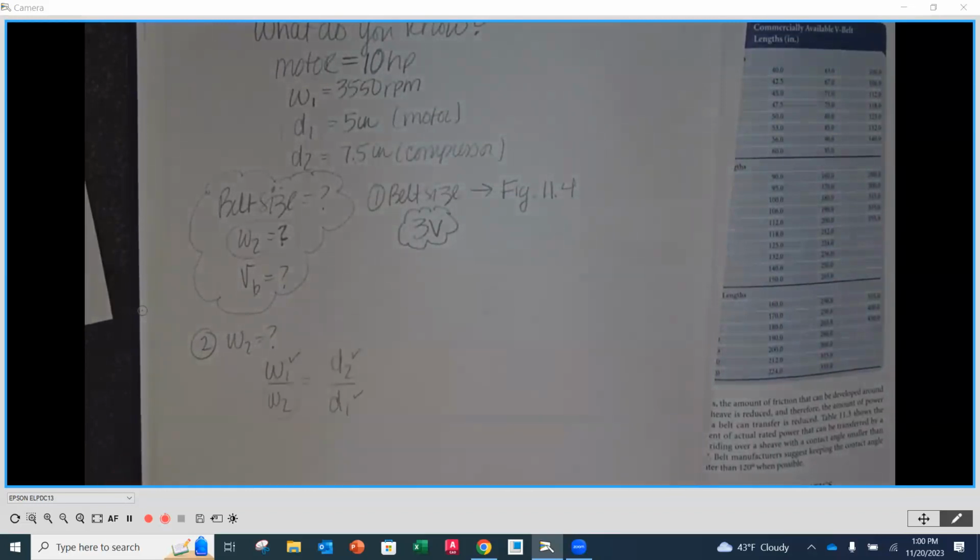So we're going to have to rearrange. I always like to rearrange before I stick numbers in. So go ahead and rearrange your equation to solve for W2 by itself.